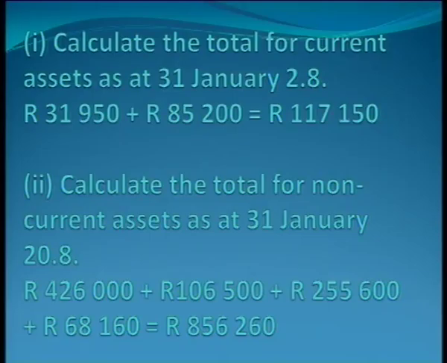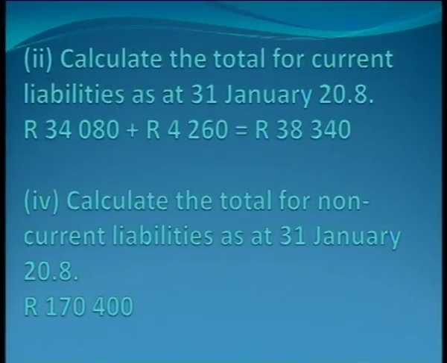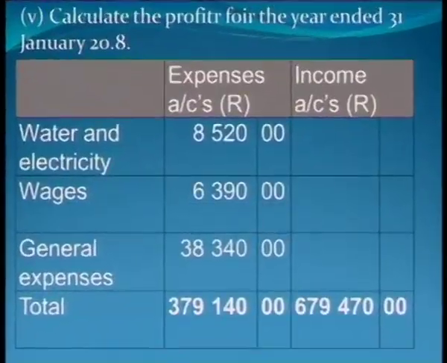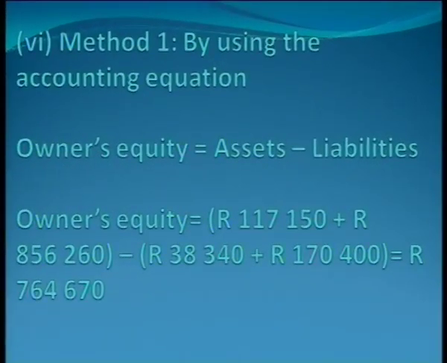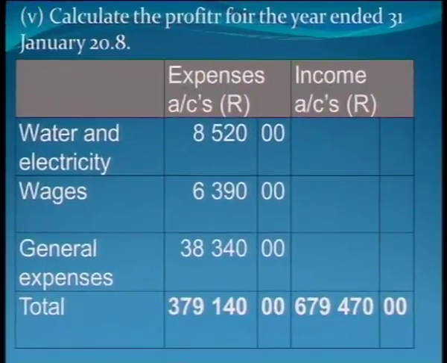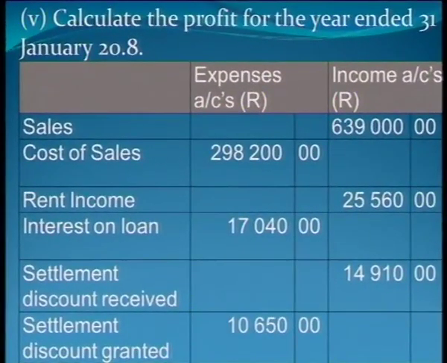You were supposed to also calculate the non-current assets for 31st January 20.8, the current liabilities, the non-current liabilities, the profit for the year, and also your owner's equity amount using both the accounting equation method and the equity accounts method. Let's now start calculating our current assets.